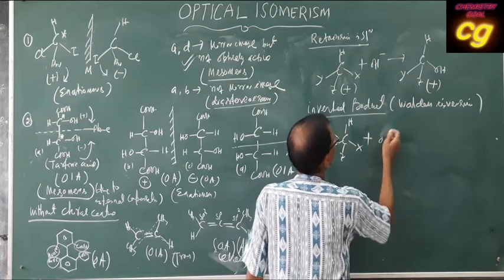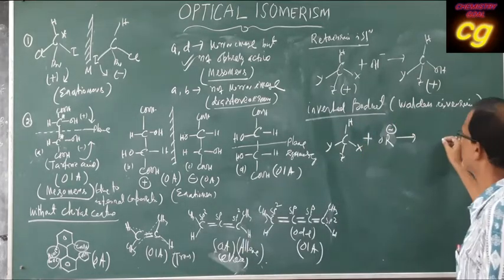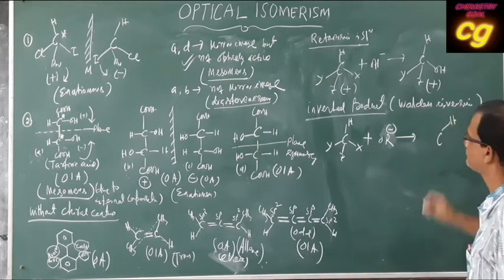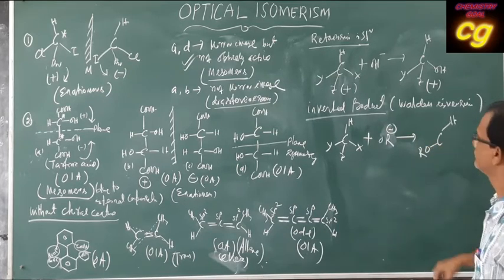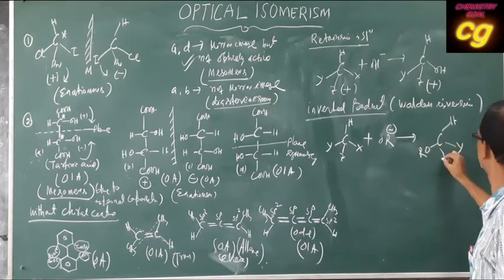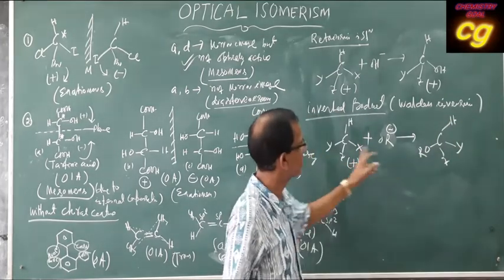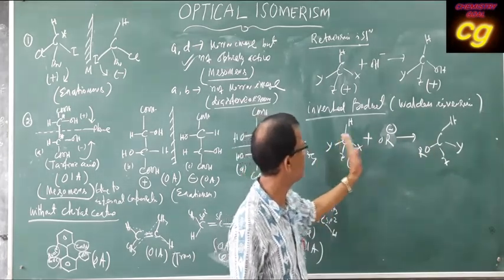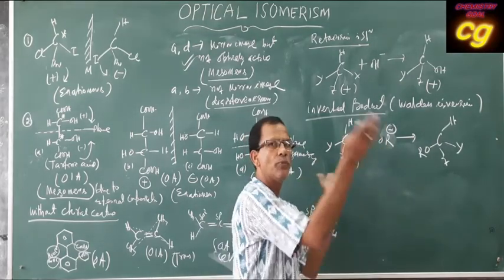Let the product be C, H, and let it be plus. If you see the arrangement, it is just opposite, a mirror image. This one and that one are mirror images, and X is replaced by OR, but on the opposite side.